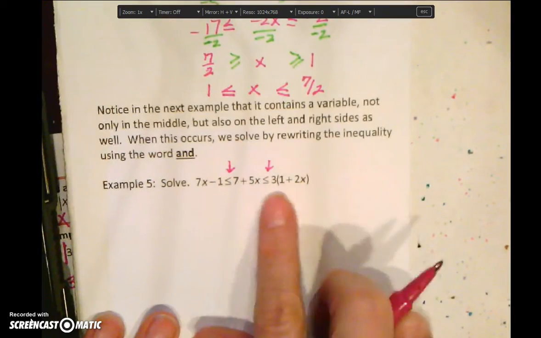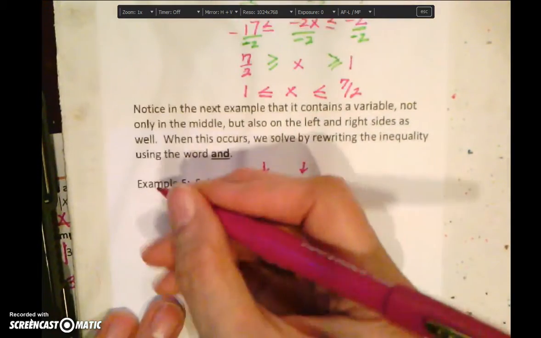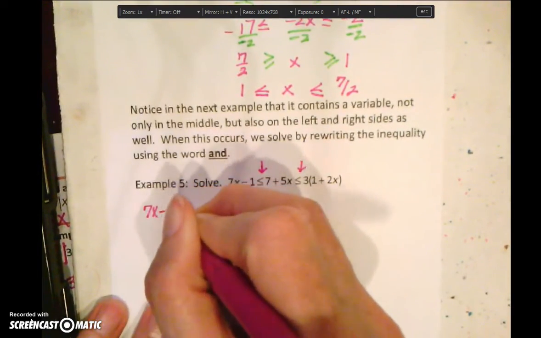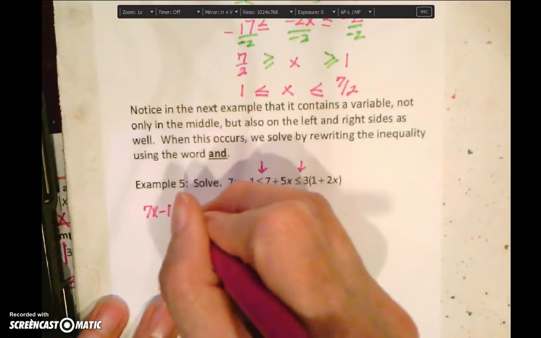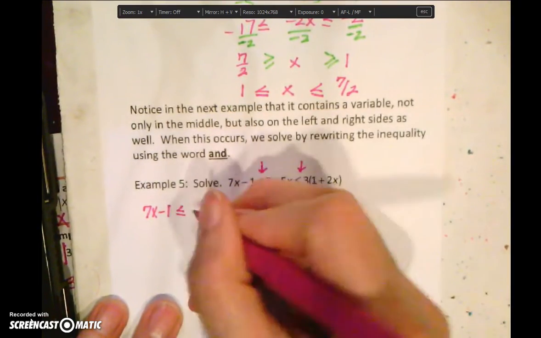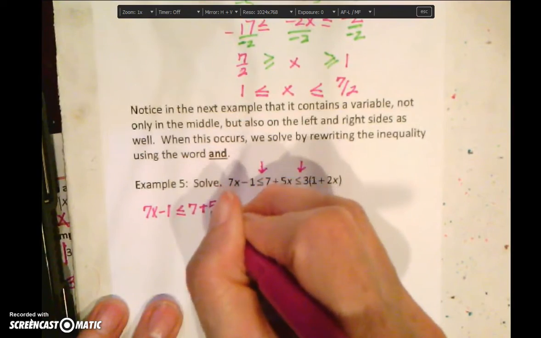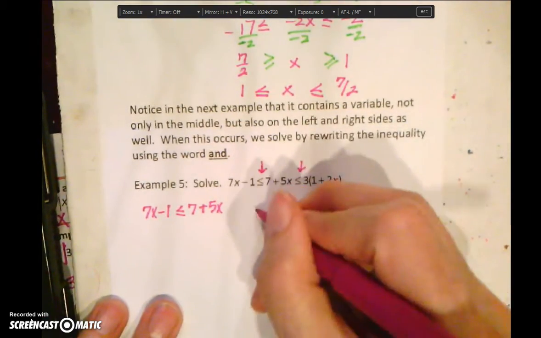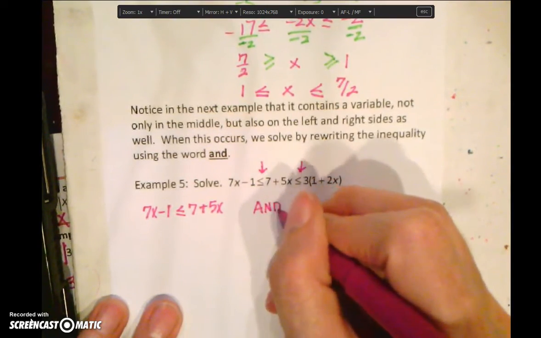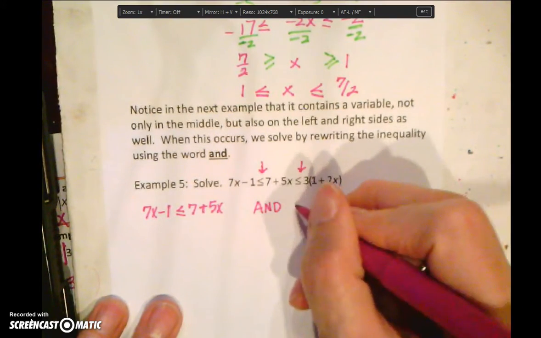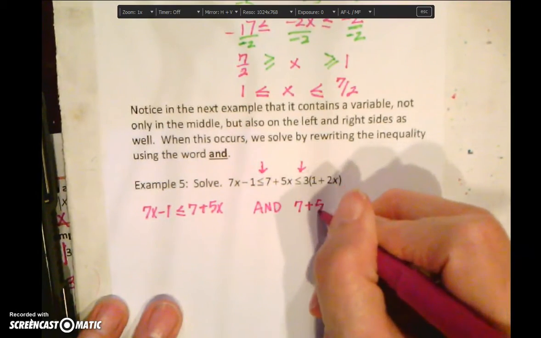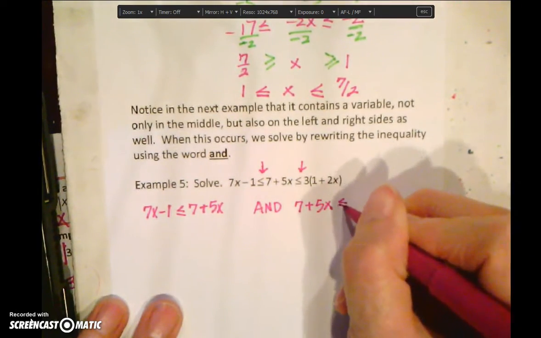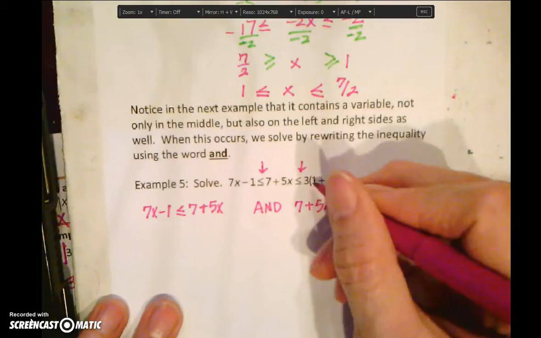So when it's stated this way, it means that 7x - 1 is less than or equal to 7 + 5x. So the whole thing right there. And I'm going to take this middle section here and say that 7 + 5x has got to be less than or equal to 3 times (1 + 2x).